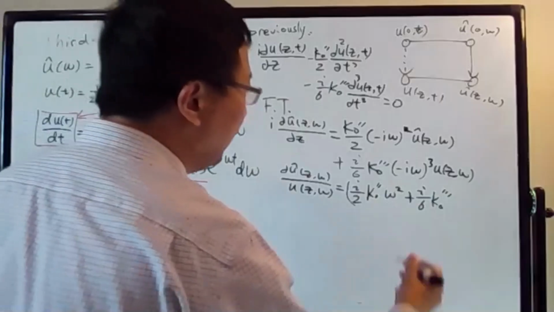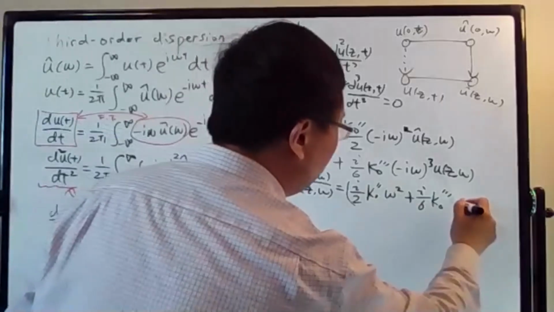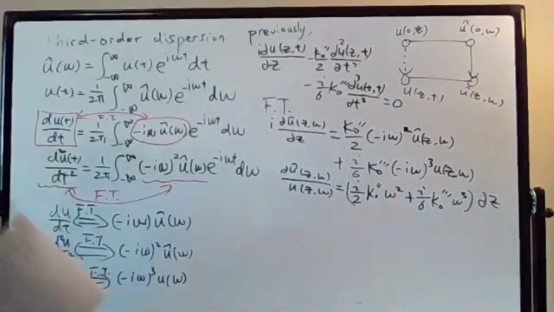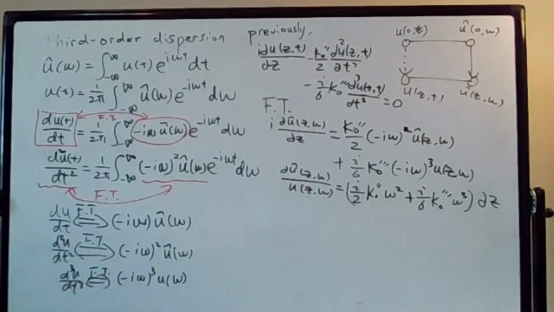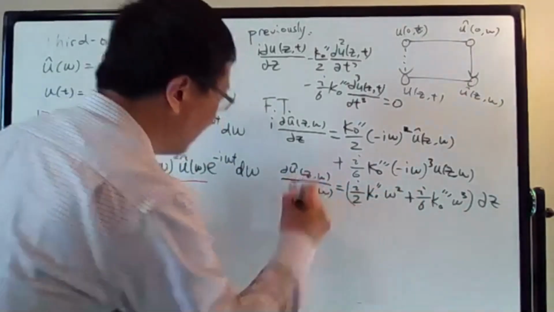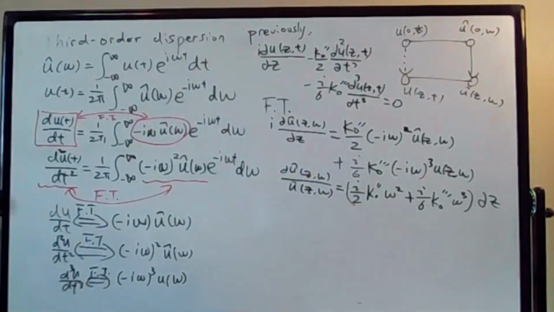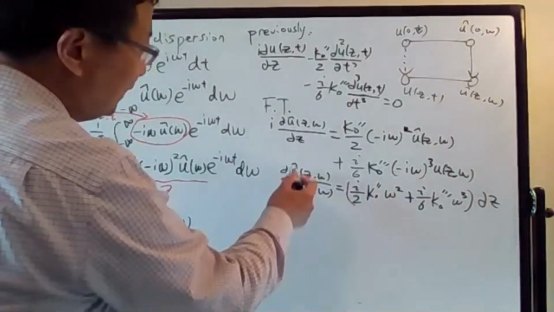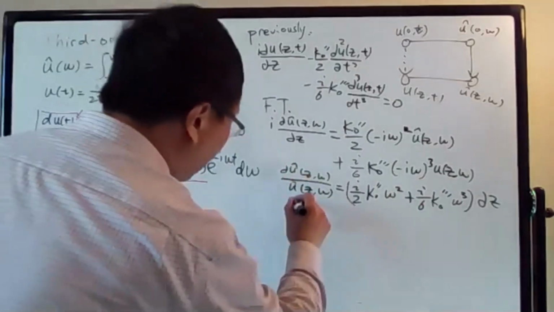3 factorial. Okay, and then it's the omega cubed dz, right? So I move the u_z omega to the left-hand side, and then move the dz to the right-hand side. And then I'll take an integral. Here, this is the natural log, right?